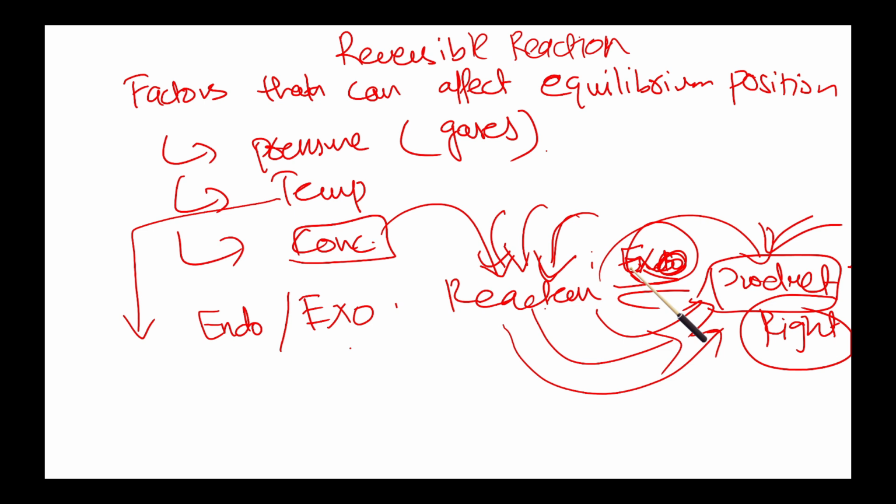So for an exothermic reaction, you cannot increase the temperature. Increasing temperature will increase the rate of reaction, but it will not increase the product yield, because the reaction is exothermic. So exothermic always likes the low temperature, whereas endothermic likes the high temperature. So this is the one thing.